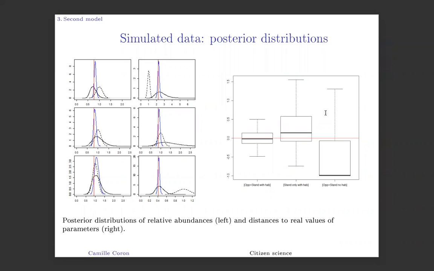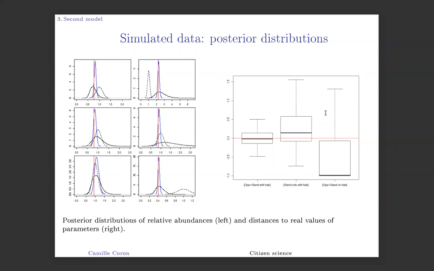So here I give the example for the relative abundance. Here, in red, these are the real values. In blue is the a posteriori distribution using both data sets. In black is the a posteriori distribution of the relative abundance using only the standardized data sets.